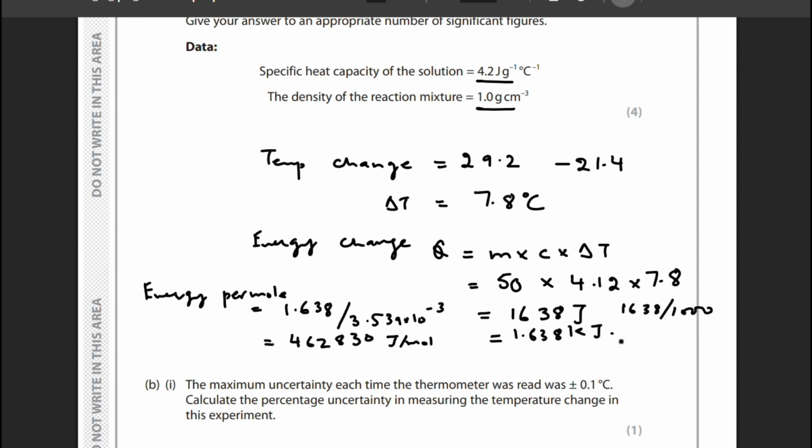And if you will convert this into kilojoules, that will be 463 kilojoules per mole. And because this is exothermic reaction, so the value will be negative.